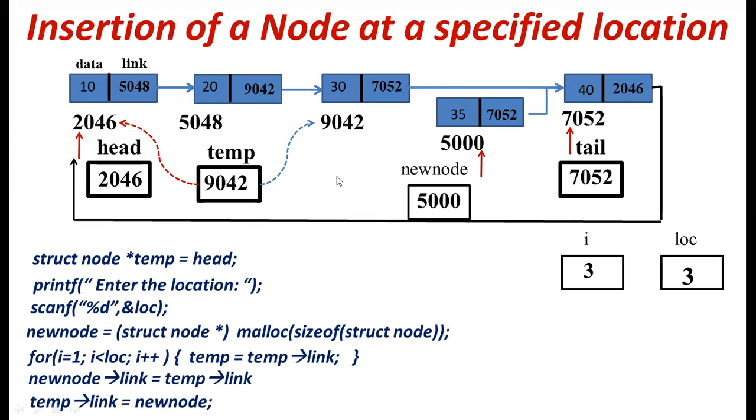So now 5000 will be stored here and it will start pointing to this particular node. Now we have inserted the new node at the specified location 3, that is after the location value 3, we have inserted the node. So this is the logic we have to use for inserting the node at the specific location.